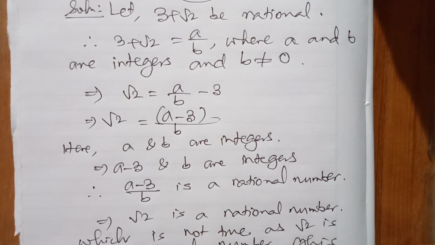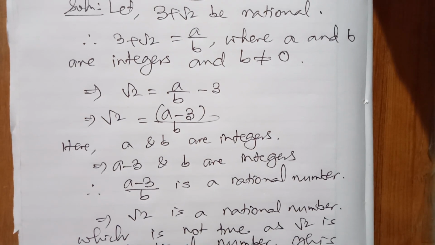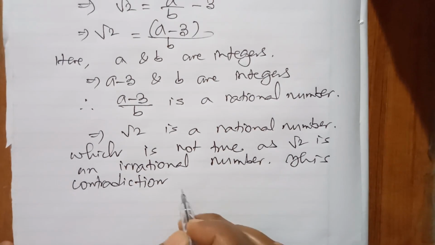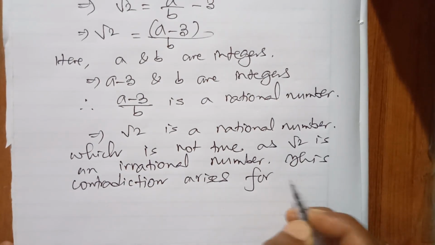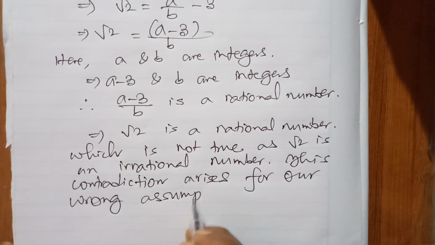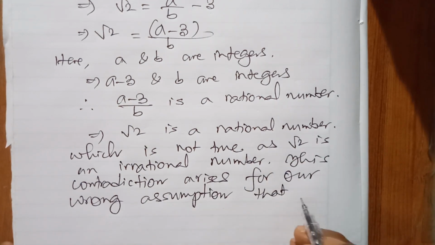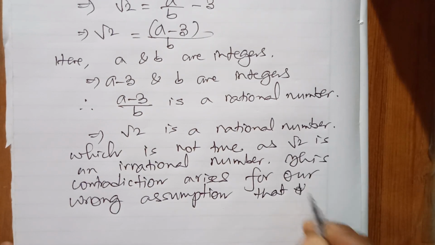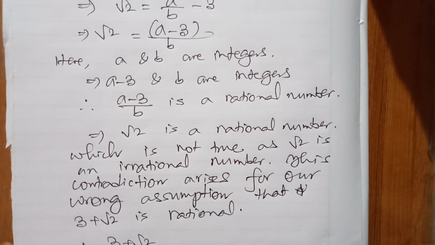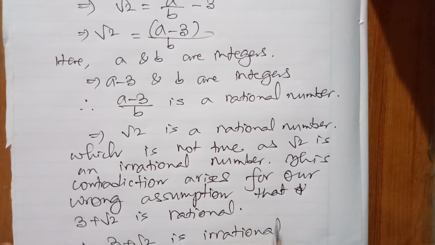Then you write: this contradiction arises for our wrong assumption that 3 plus root 2 is rational. Therefore 3 plus root 2 is irrational.